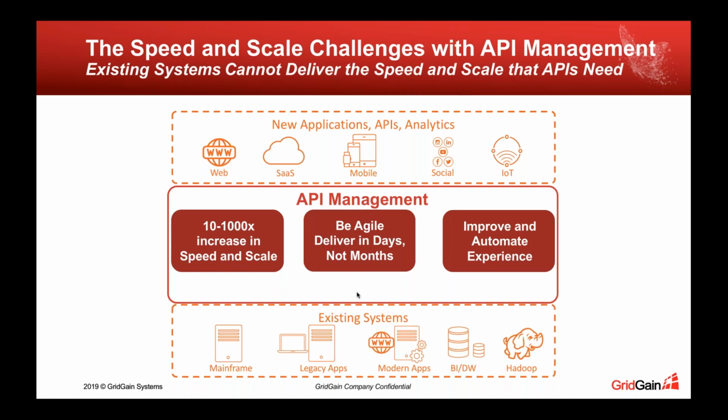We search 100 times before we book a hotel room or buy a product now. Those are 100 times more queries than before. We do smaller, more frequent purchases, like what we do on Amazon versus what we do when we go to a supermarket or Costco. So we also expect this to happen really fast on the website. We don't like to wait. And so that's what I mean by an increase in speed and scale.